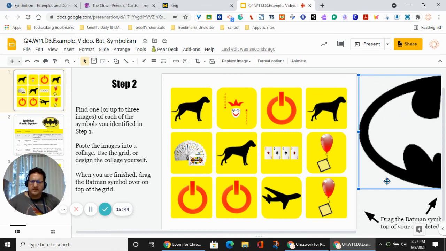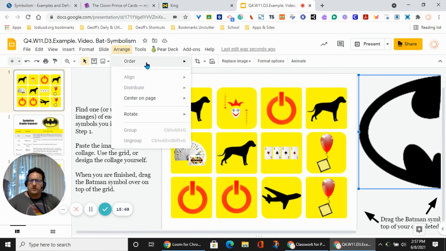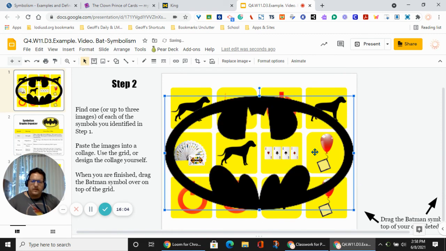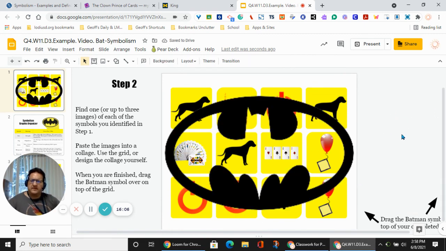I can see it's selected because of the blue outline. And now I'm going to go to Arrange, Order, Bring to Front. Okay, now, so what I've done is I made this picture the front layer. Now the last step here is I'm going to drag it over. Something like that. And now I have my bat symbol on my bat symbols, essentially.